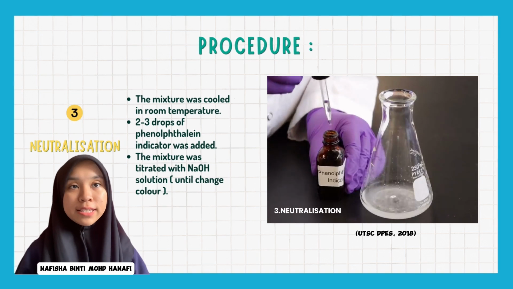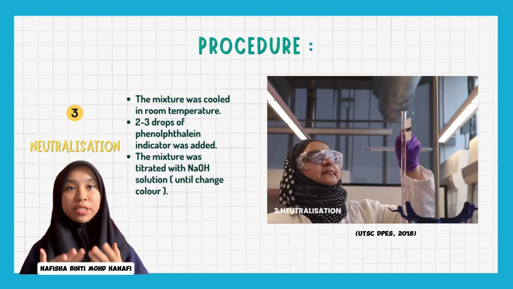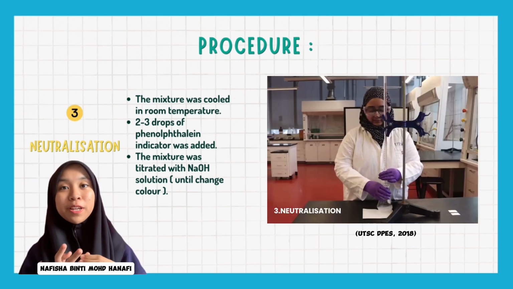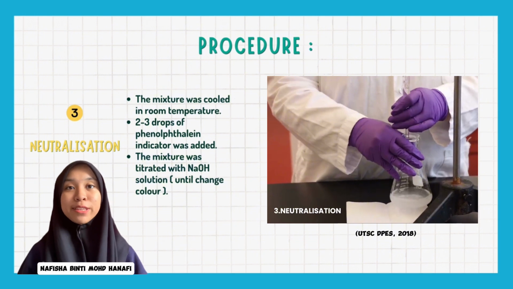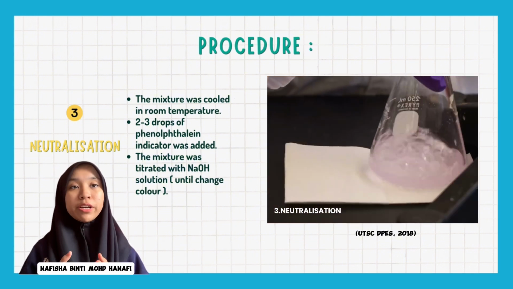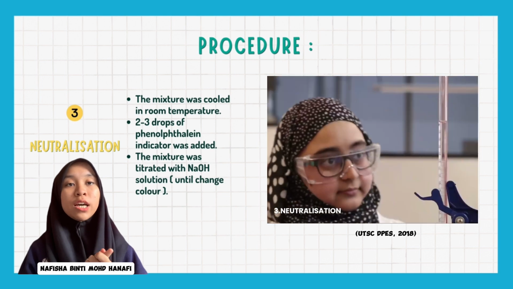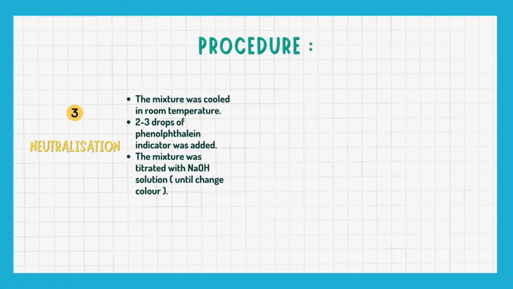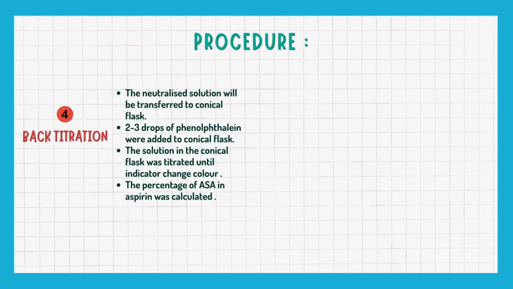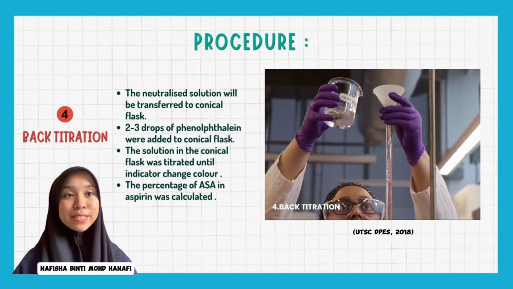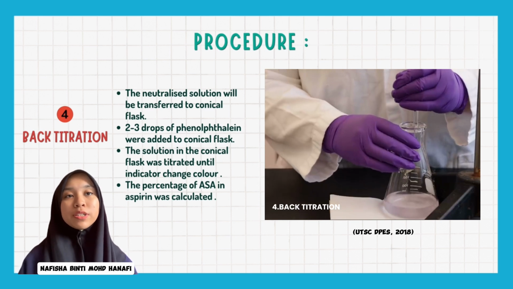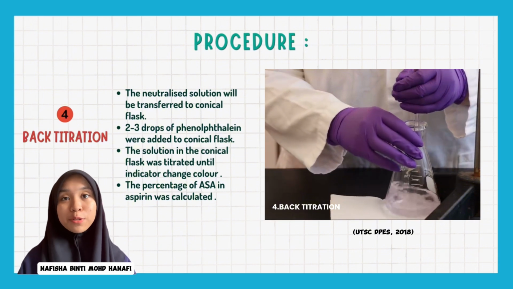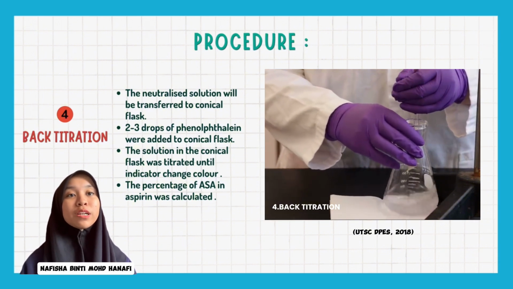The third one is neutralization, in which the mixture was cooled to room temperature, then 2 or 3 drops of phenolphthalein indicator were added into the mixture. The mixture was titrated with NaOH solution to neutralize the excess until it changed color. Lastly is back titration, in which the neutralized solution is transferred to a conical flask. 2 or 3 drops of phenolphthalein were added into the conical flask.